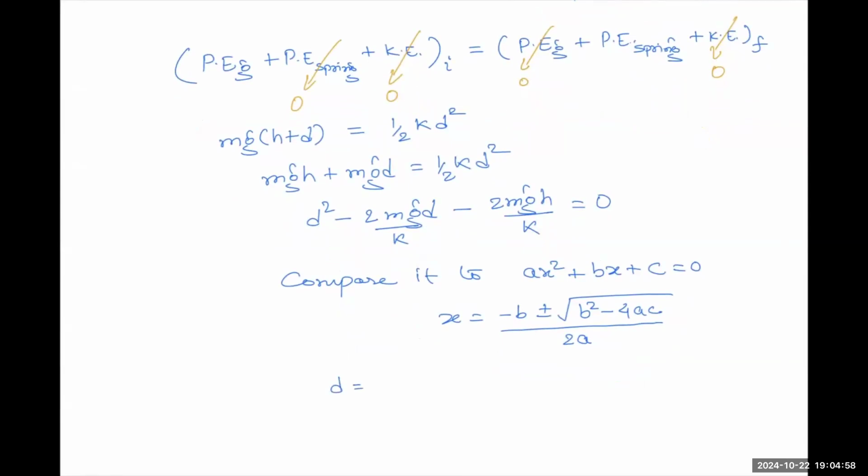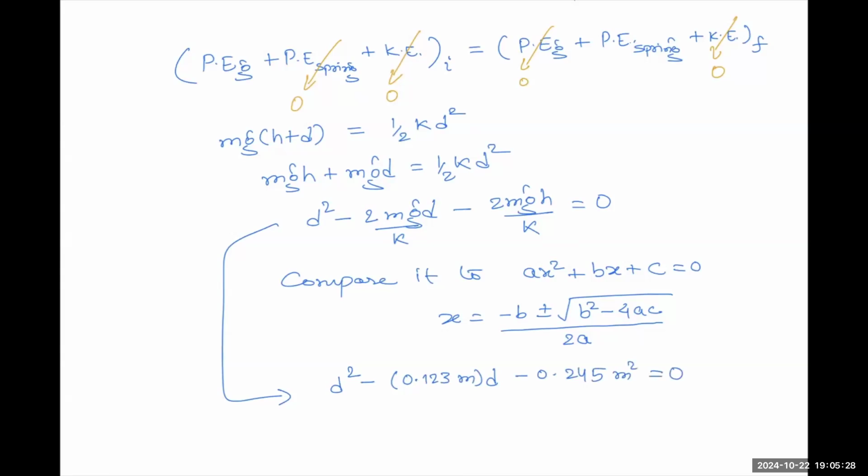Or what you can do, you can make it simple right here, and then get these numbers down, plug in these numbers for simplicity, and then this equation would be more like d squared minus, I have these numbers here already, 0.123 meter d minus 0.245 meter squared equals 0.